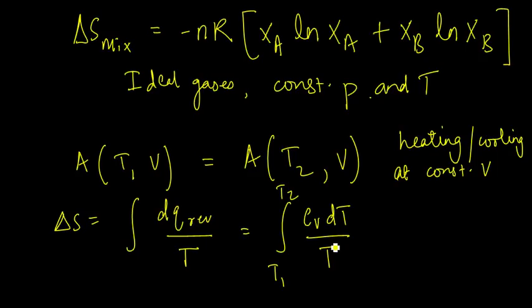And if the temperature difference is not so much, then Cv is temperature independent, it can be treated as a constant. What you get is Cv log T2 by T1.